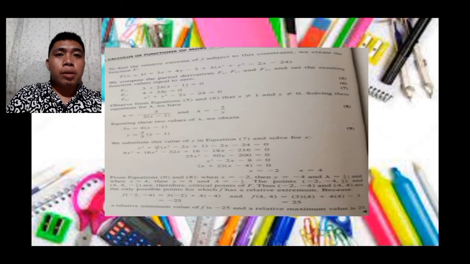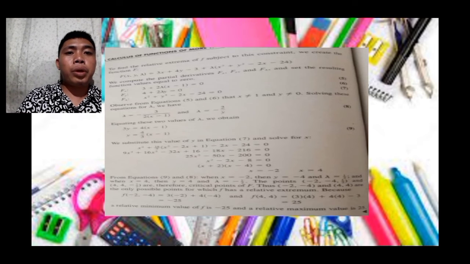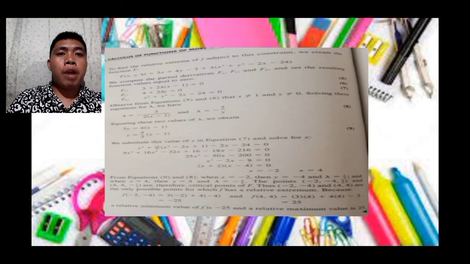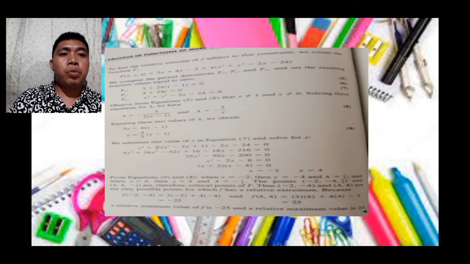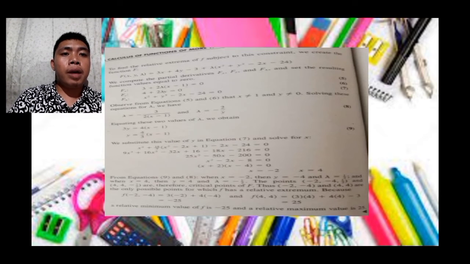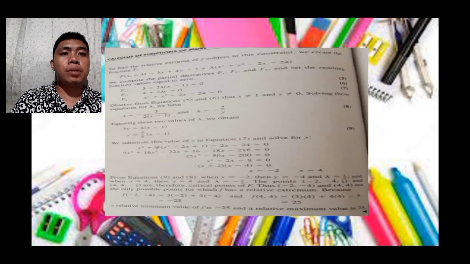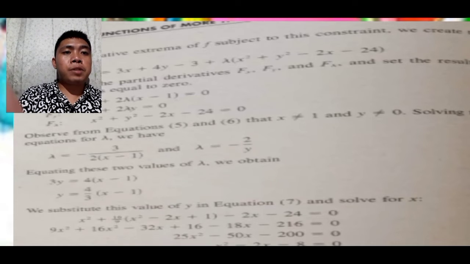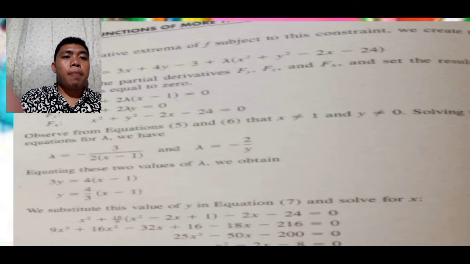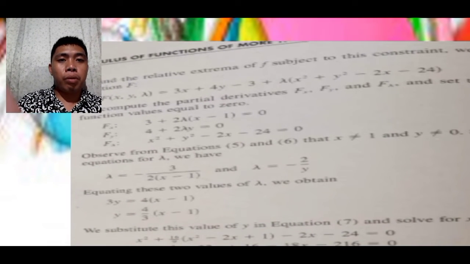To find the relative extrema of f subject to the constraint, we create the function F of x, y, lambda is equal to 3x plus 4y minus 3 plus lambda times (x squared plus y squared minus 2x minus 24). We compute the partial derivatives F sub x, F sub y, and F sub lambda and set the resulting functions equal to 0.